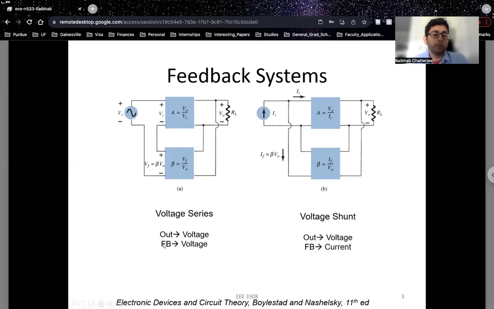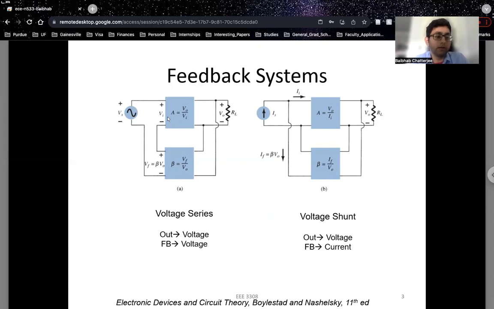How do you know that the feedback quantity is also a voltage quantity? Because what you are feeding back here can be added in series. And remember that only voltages are something that can be added in series. So you cannot, if you want to add 2 current sources, you have to put them in parallel. But if you want to put 2 voltage sources in series, you can add their voltages.